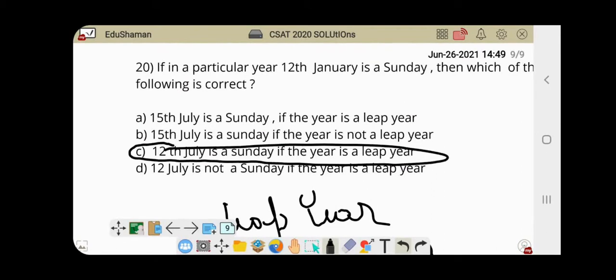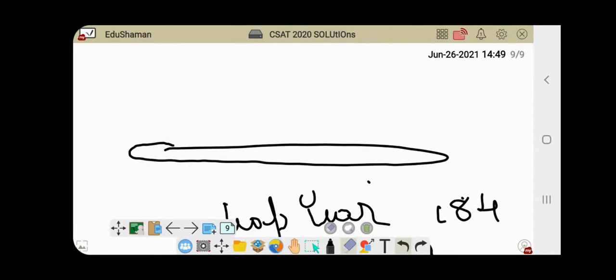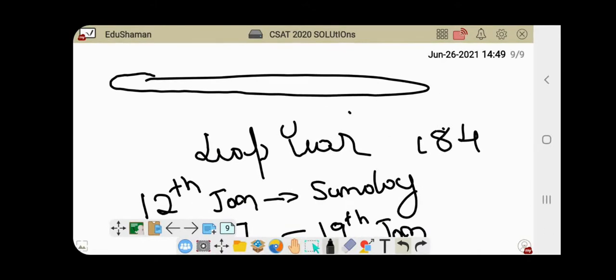So in these kinds of questions, it can be a bit lengthy, but this is the only way you can work it out. Supposing, instead of 182, say I got 184, the number of intervening days. What would I do in that case? I would know that 184 by 7, the remainder would be 2, right?